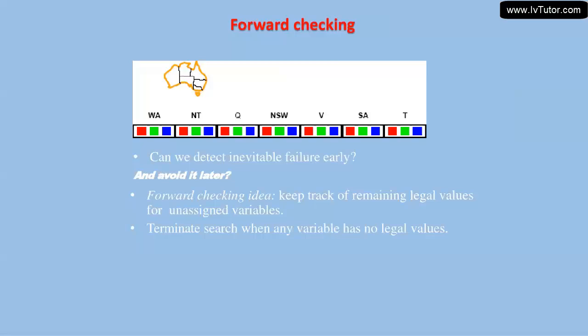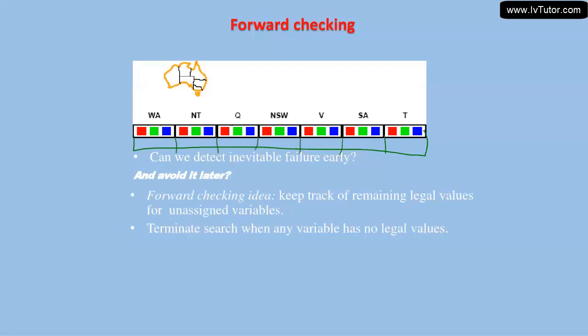So it does the permutations and combinations already to say if you assign red to Western Australia, will it lead to a solution? Right. So it says keep track of remaining legal values of unassigned variables. So what we're saying is if we assign red to Western Australia, let's just add one more here.